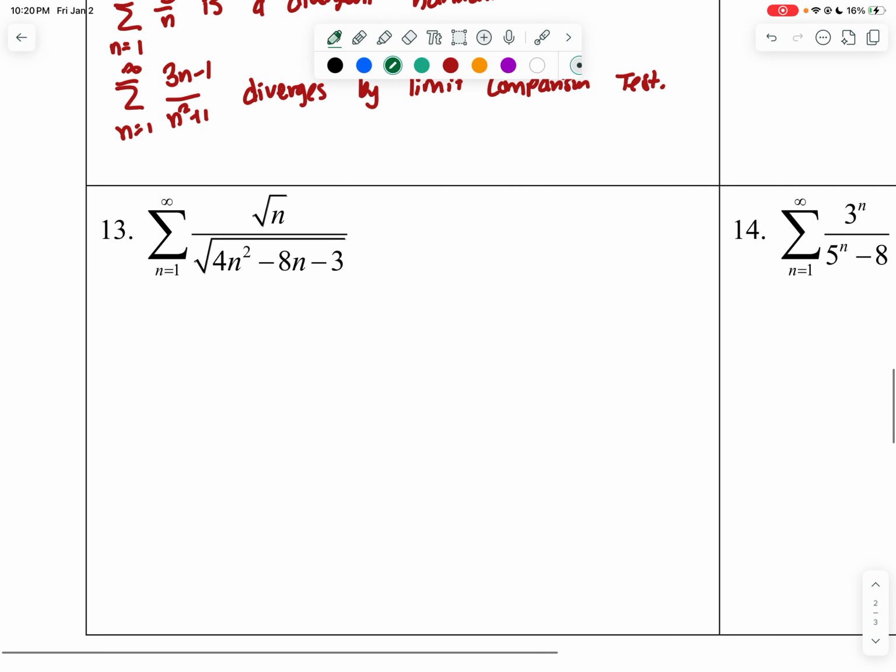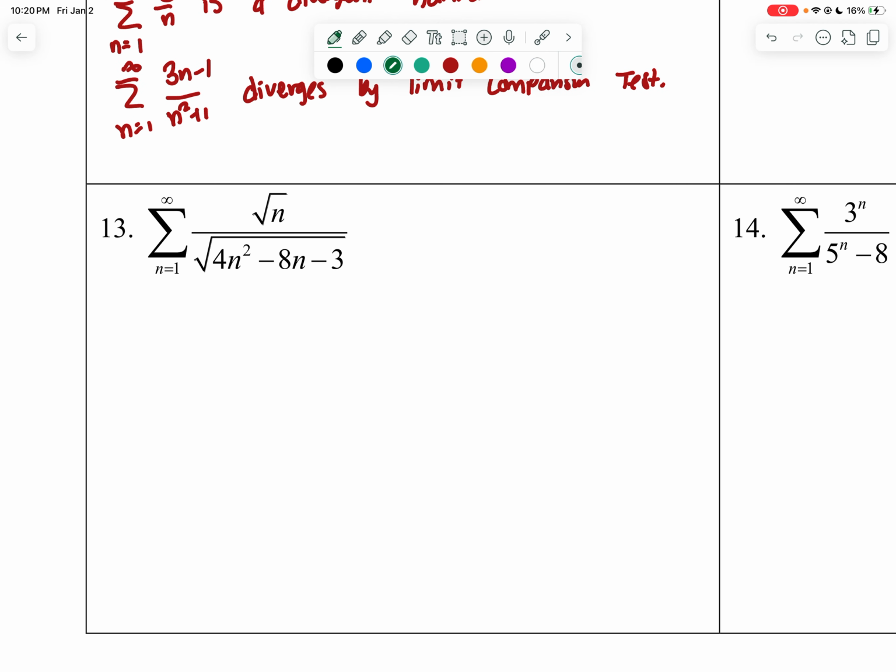Like something like number 13 here, she looks like a hot mess right here. Okay, so what we're going to compare this with is, let's see, the square root of n and then the square root of 4n squared. I'll probably need to simplify this first.